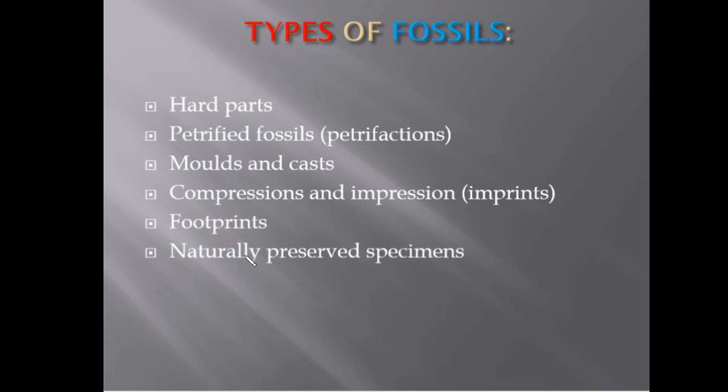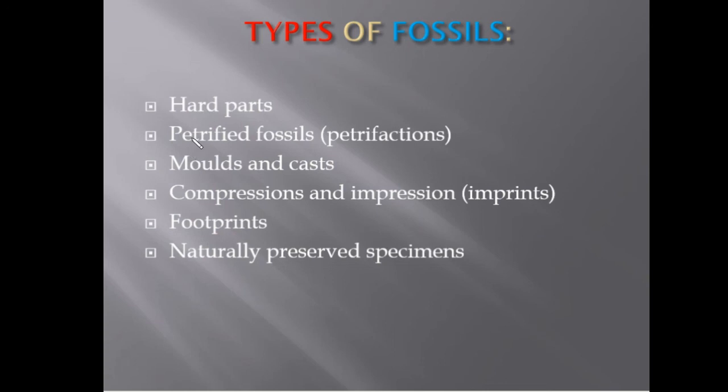It is actually one of the ways of the formation of the fossils, and therefore the 5 types of fossils and the 6th one, the naturally preserved specimen, is also considered as a type of fossil. Thus there are 6 types of the fossils.